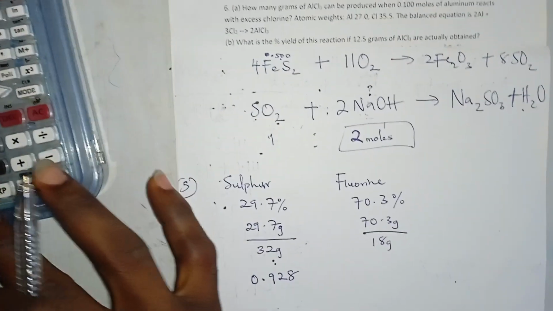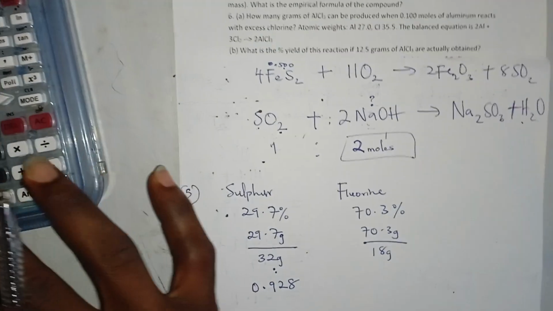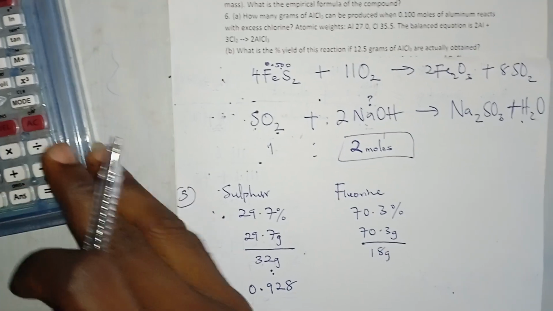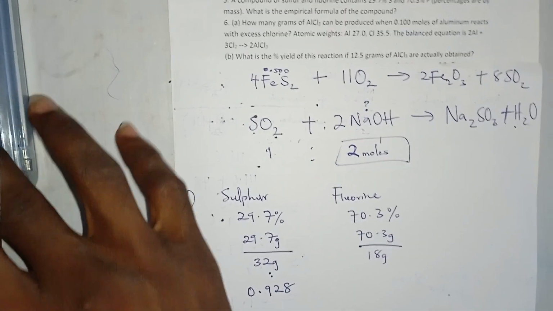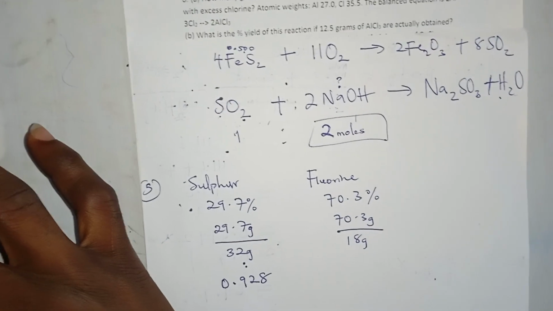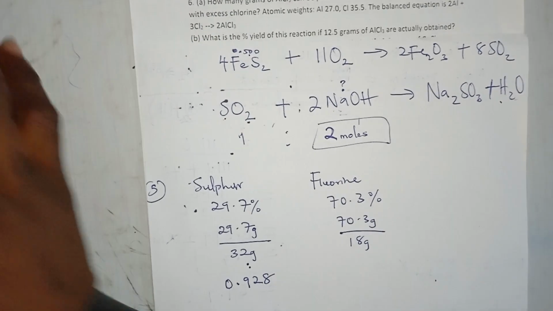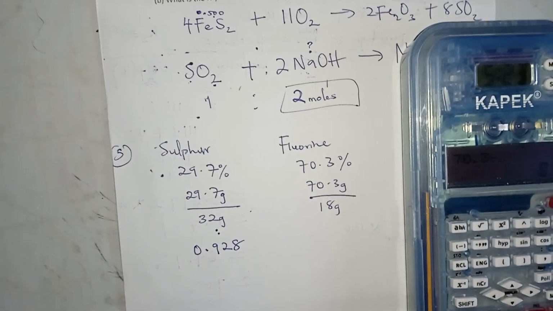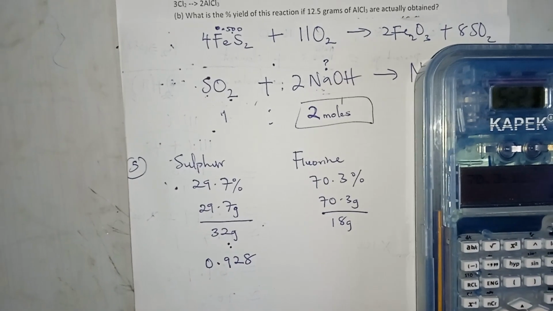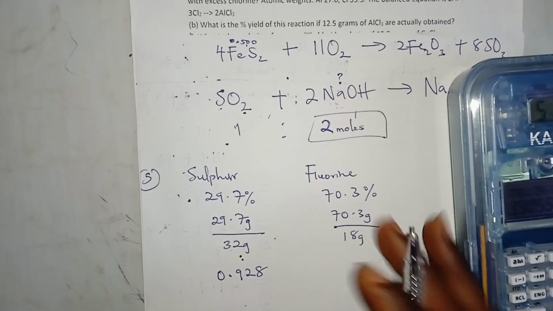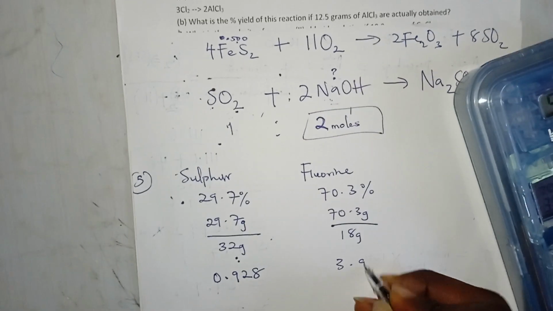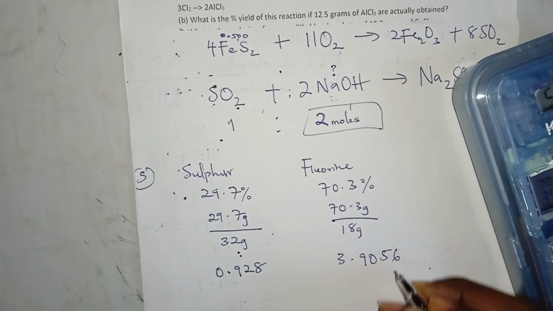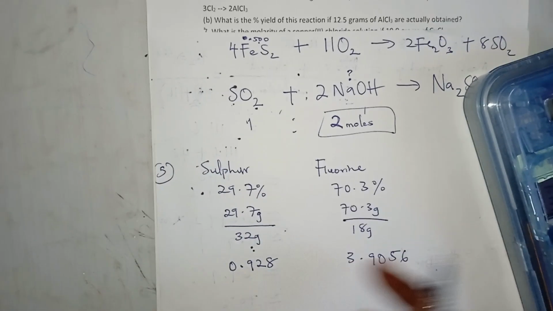Now if I do 70.3 divided by 18, I get 3.9056. So which one is the smallest here?